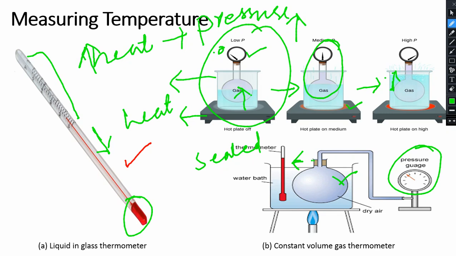So when you put the round flask in a liquid, and you have a gauge over there, and heat is going on, and the temperature of that liquid is rising, the molecules inside that round flask will expand and create pressure, and the pressure gauge will tell you how much pressure there is now. So how does it help you with temperature? If the temperature reached 80 degrees Celsius, the pressure would be different than if the temperature reached 100 degrees Celsius.